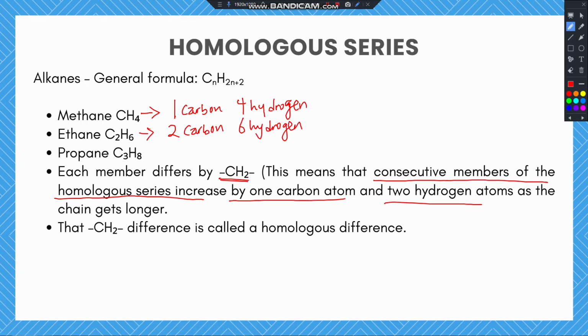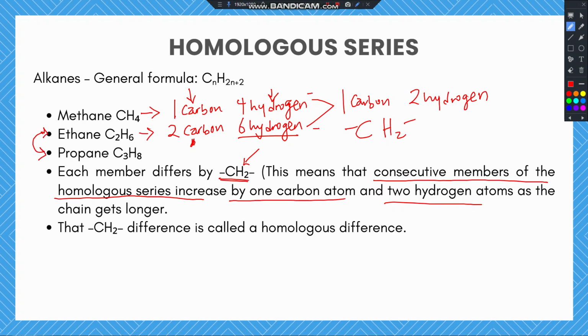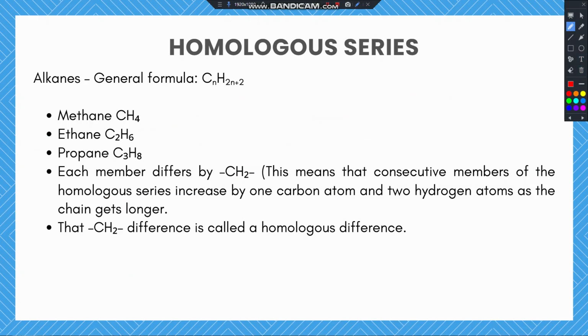If I were to ask you what the difference between these two is: two carbon atoms minus one carbon atom gives one carbon atom, and six hydrogen atoms minus four hydrogen atoms gives two hydrogen atoms. So the difference between the first and the one following it is simply CH2. And if you check, the difference between ethane and propane following it will also be CH2. So that's what we mean by each member differing by a CH2.